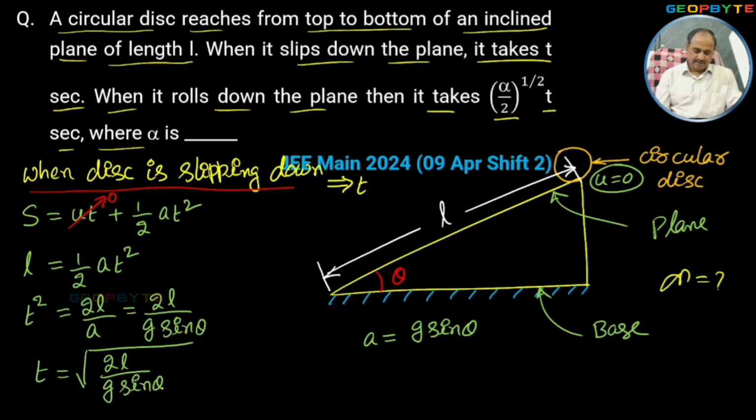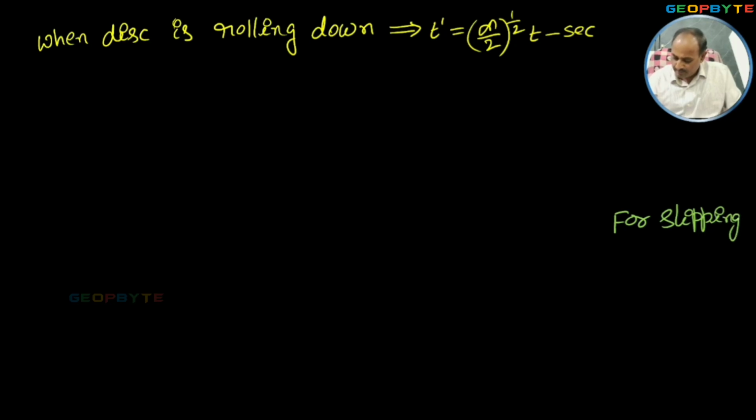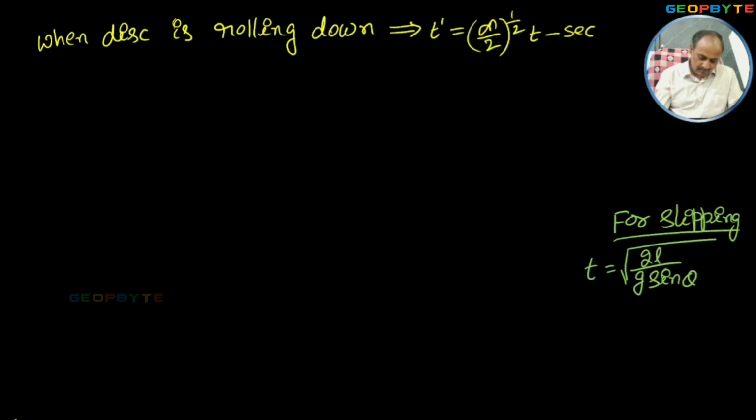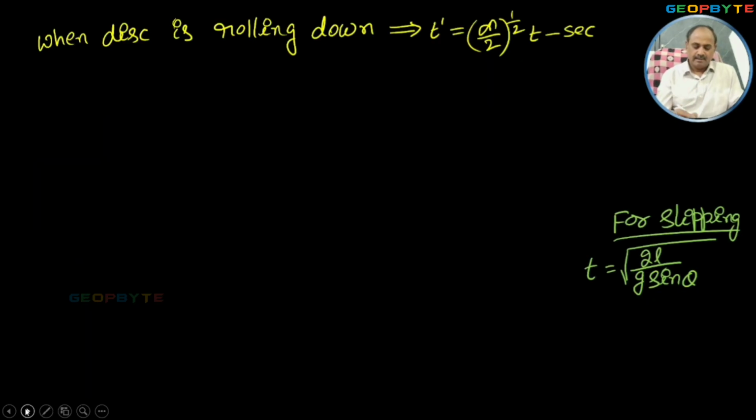Let us write for slipping down, we have decided the time required equal to 2l by g sin theta. Correct? Let us cross check. Absolutely correct.